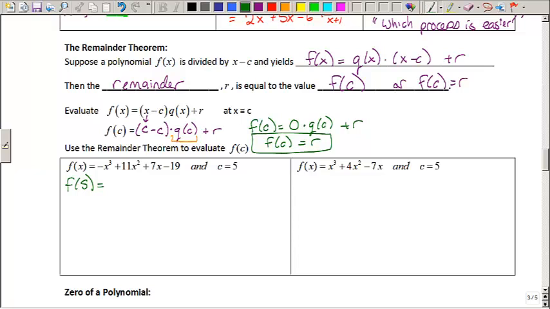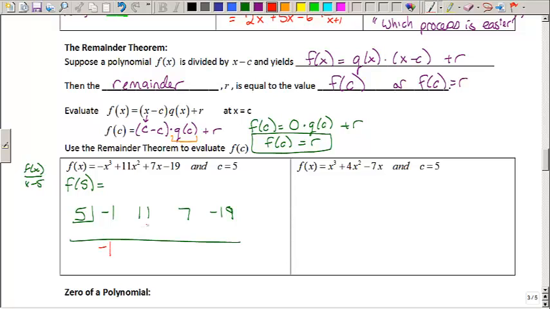So instead of actually plugging it in, what I'm going to use is synthetic division. And inside my bar, I'm going to put the c, or 5, and list the coefficients. Notice I didn't take the opposite of c. This c and this c are the same. I don't have to take the opposite. I'm really taking my f of x and dividing it by x minus 5. So this 5 and the c should be the same value.